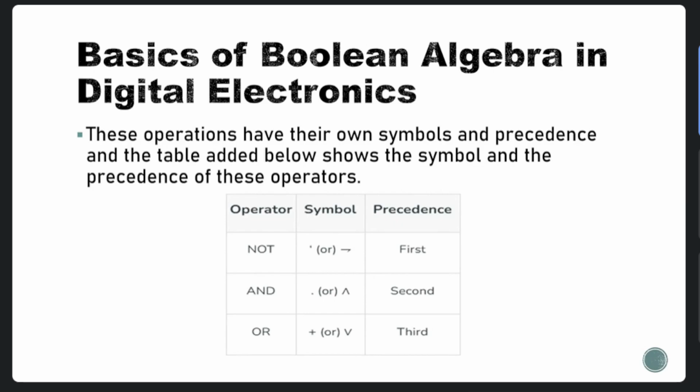And then ang precedence niya ay first. Then AND, dot, or quotation din siya pero pabaliktad, and then second. And then OR, plus, addition, or V. So kapag NOT, first precedence; kapag AND, second precedence; and OR is third precedence.